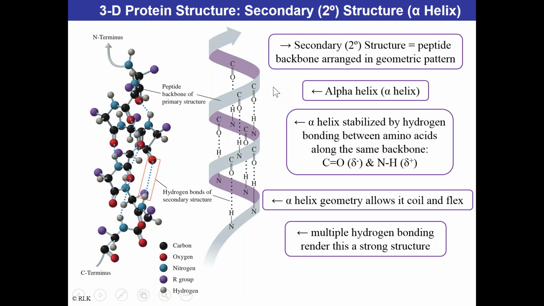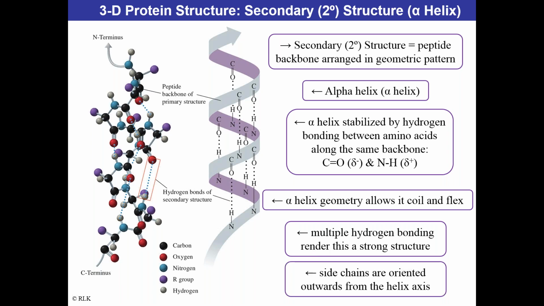I think for every one gram of casein, which is one of the proteins that makes up milk, it can hold on to about 3.5 grams of water. So pretty good stuff. Multiple hydrogen bonding renders it a strong structure, and it can still flex and coil. Okay, side chains are going to be oriented outwards from the helix axis.